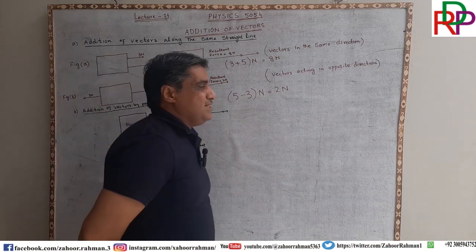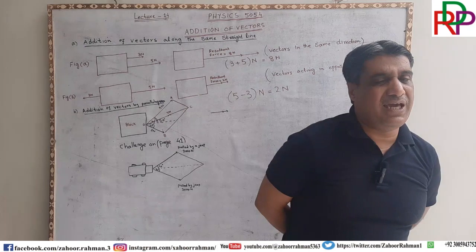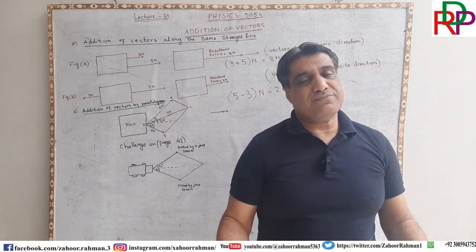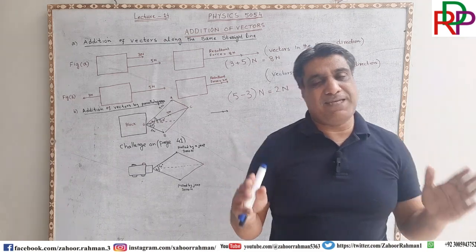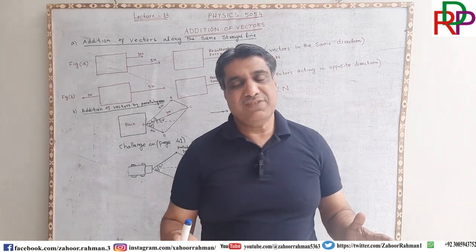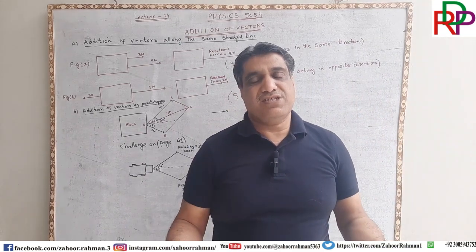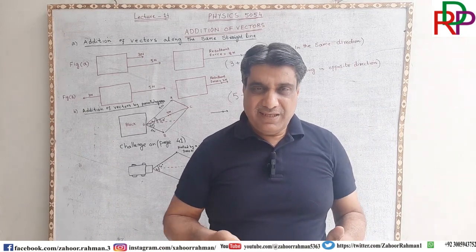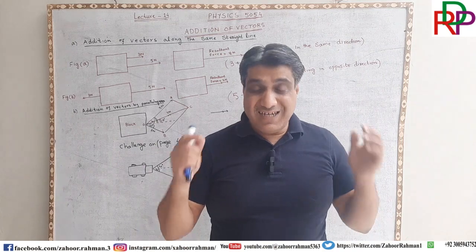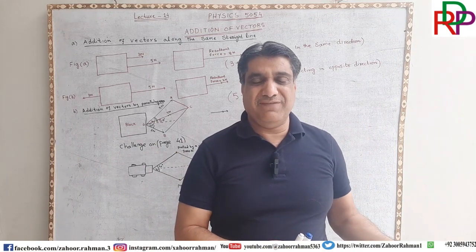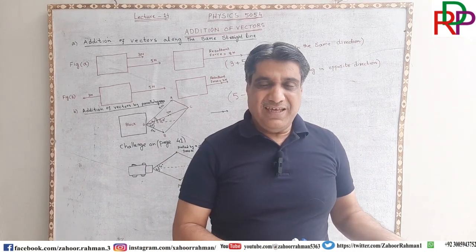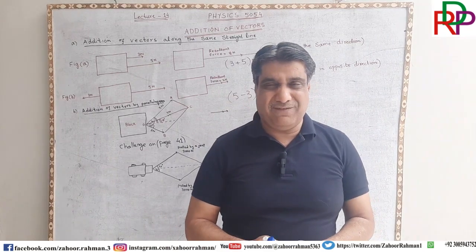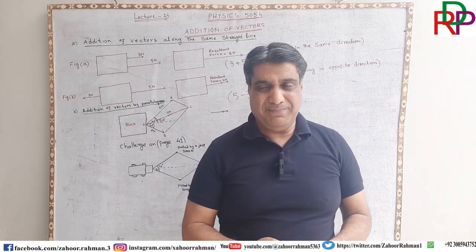Yesterday, we discussed that we have to create a specific scale according to the given situation, draw the line in the given direction, cut the line according to the given scale, and then we will be able to represent that vector graphically.